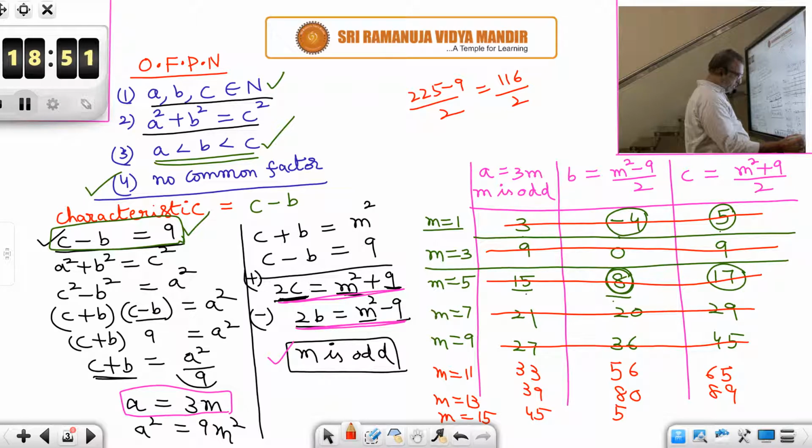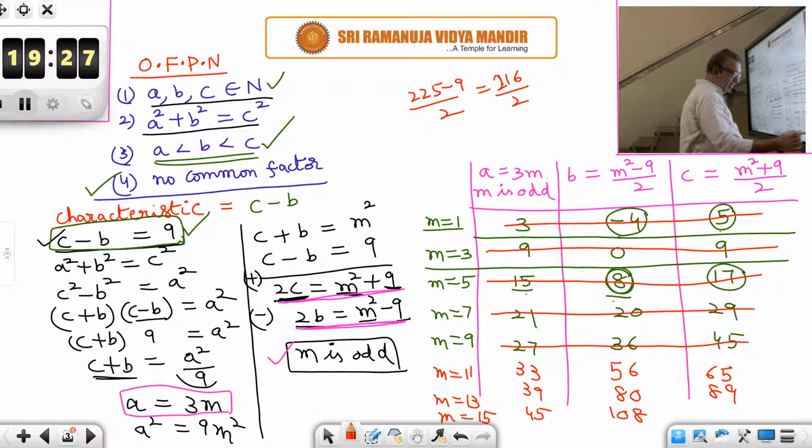Sorry, 225 minus 9 is 216, not 116. By 2 is 108, not 58. This is 108. And the next one is 117 if you add 9.